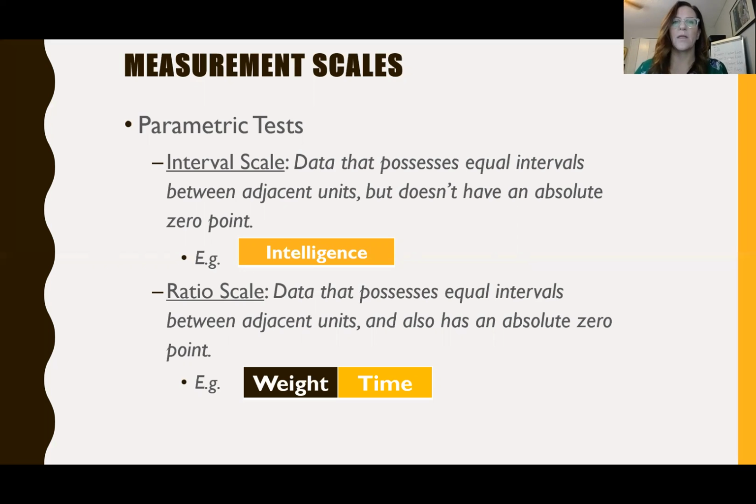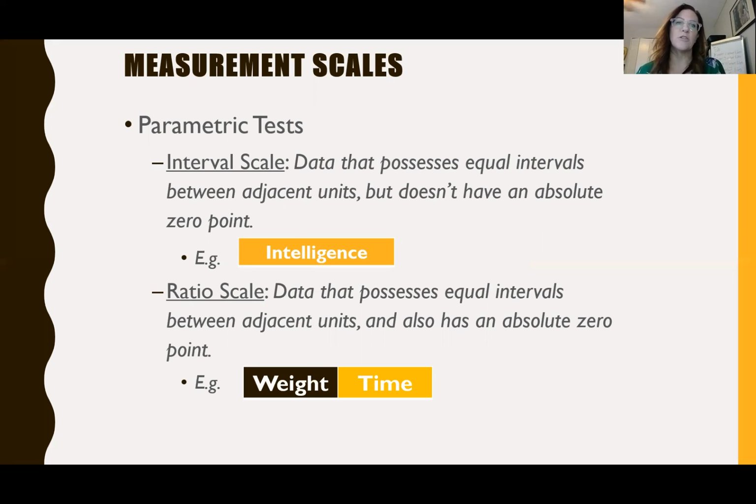Intelligence tests are on the interval scale because the 0 does not mean an absence of intelligence. It's just a placeholder. And then ratio scale, things like physiological measures like weight and time. With those, measurement starts at 0 and goes up.